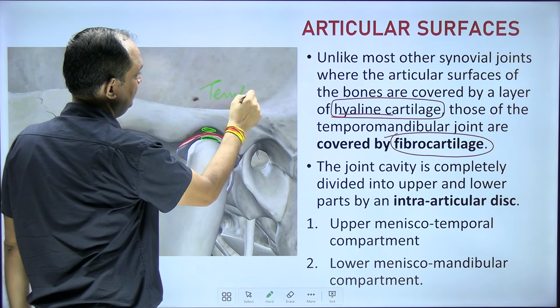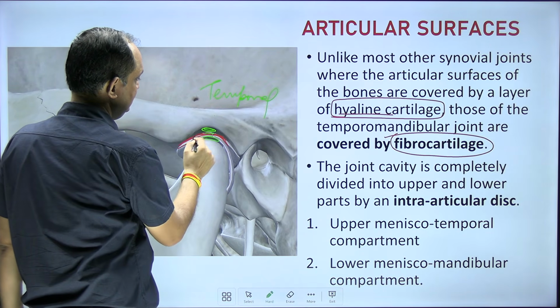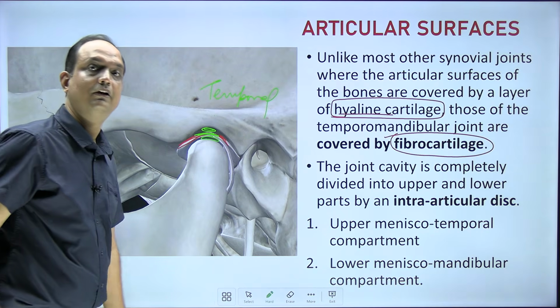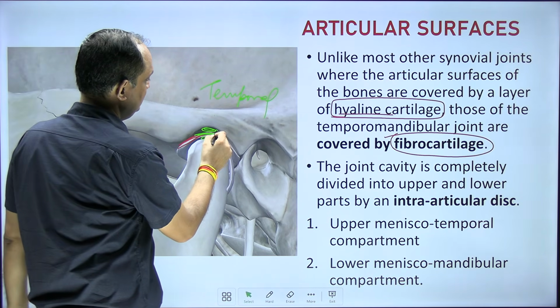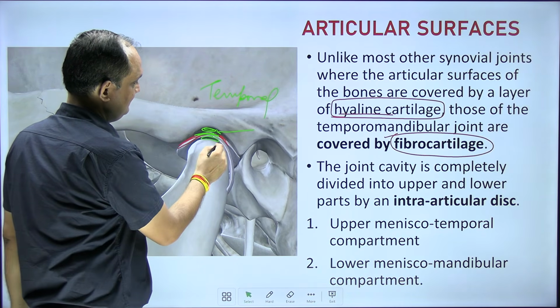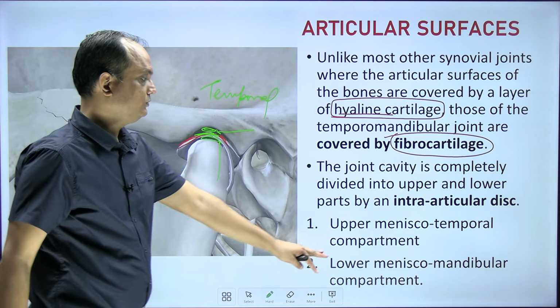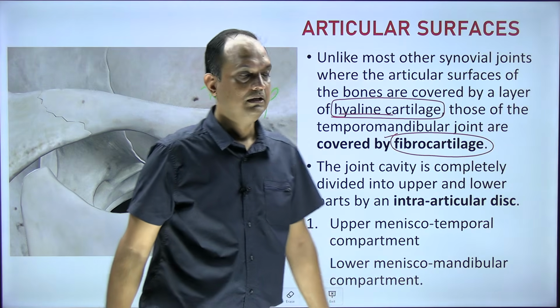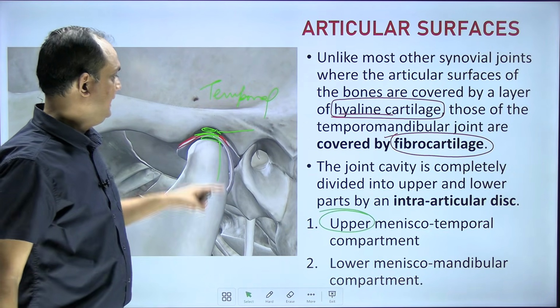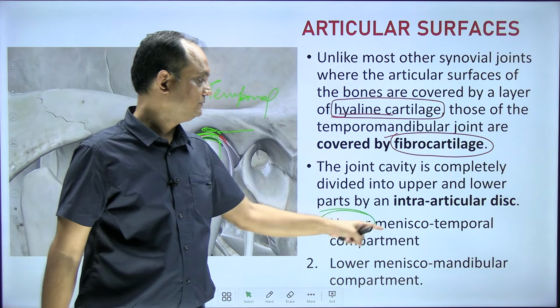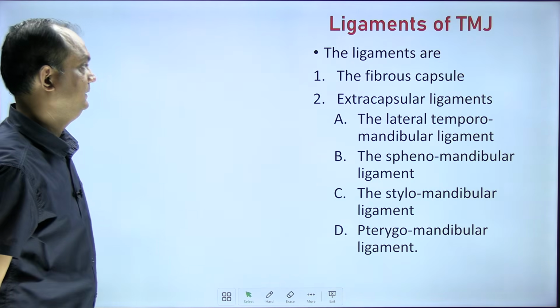This is the temporal bone, and we are considering this disc like the menisci of the knee joint. So this compartment is known as the meniscotemporal compartment and this compartment is known as the meniscomandibular compartment. So the upper compartment is meniscotemporal and the lower compartment is meniscomandibular.